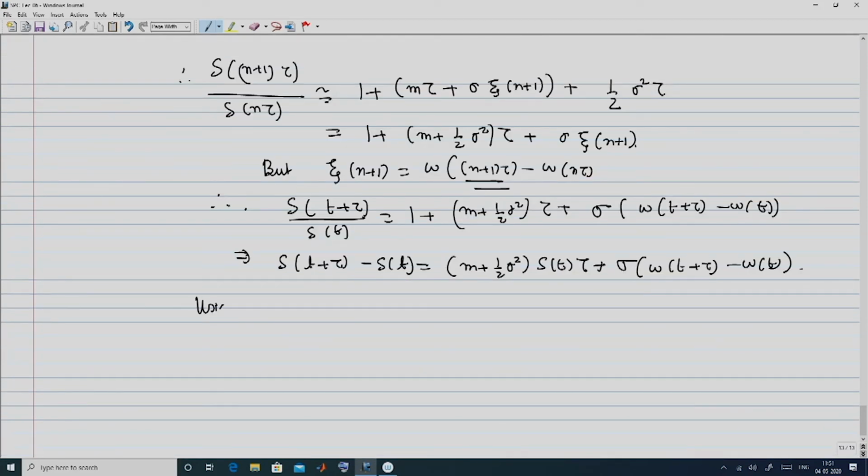Okay, now one can make use of the central limit theorem, which we had mentioned in one of the earlier classes.